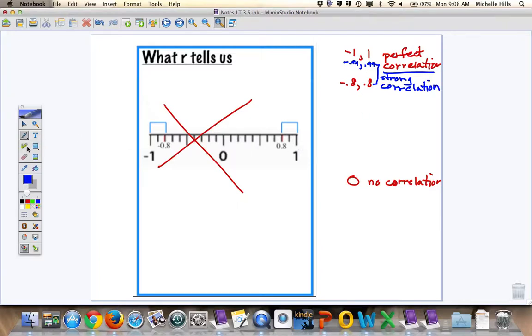Which means anything from -0.01 to +0.01, up to -0.79 and +0.79, anything in that range is considered weak. It gets stronger the closer it gets to 0.8 or -0.8, but it is a weak correlation.